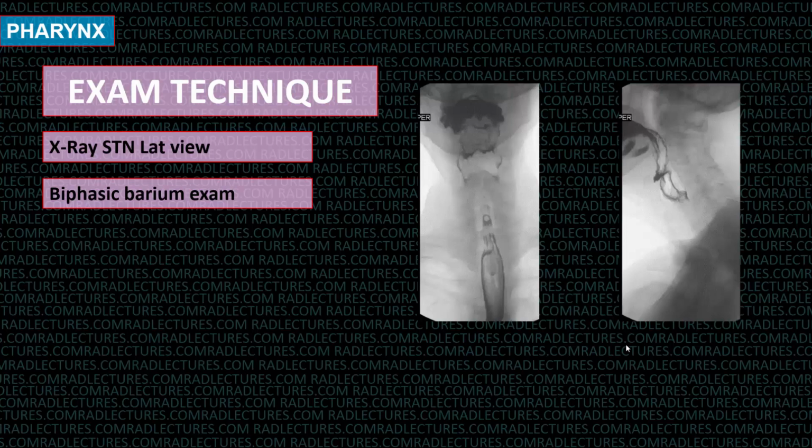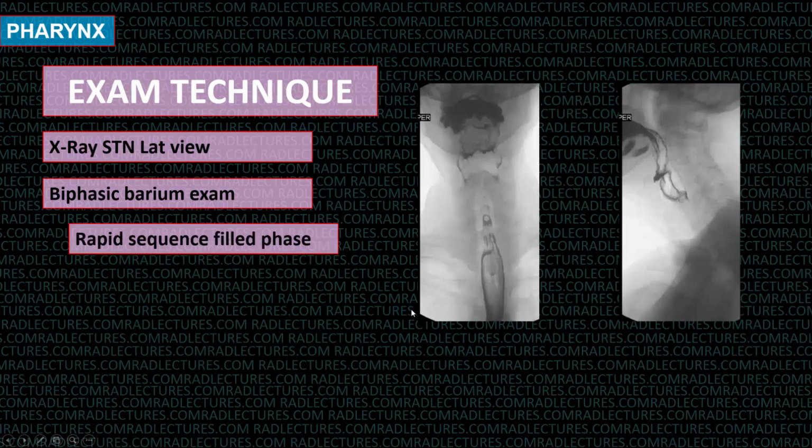What that means is that first you do a single contrast in the sense that in a rapid sequence filled phase like this. So the filled phase, that is this part, is actually the single contrast part of the exam.